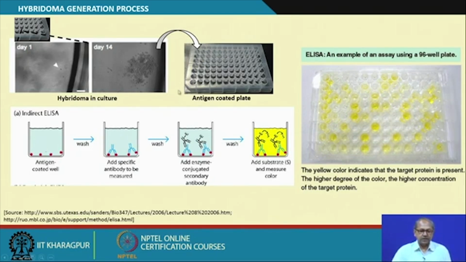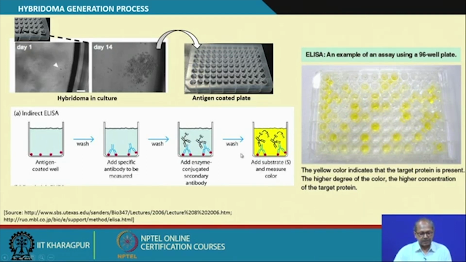For that we have to use an indirect ELISA system. Take for example a 96-well plate coated with the antigen we have injected in the mice. Then we give some blocking reagent, then 100 microliters of the culture fluid from each well to the antigen-coated plate. Again you wash, throw it away, then you give an antibody against the Fc of the secreted antibody, tagged with a reporter enzyme.